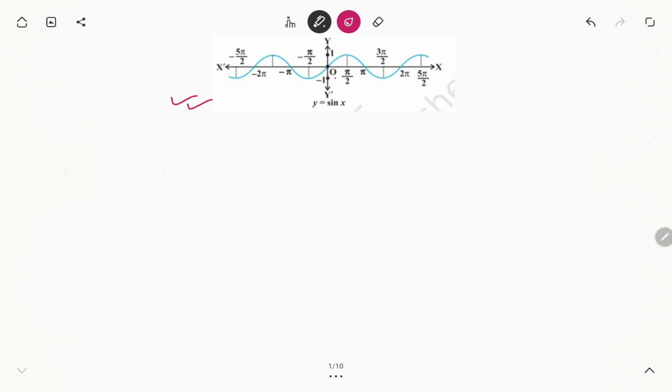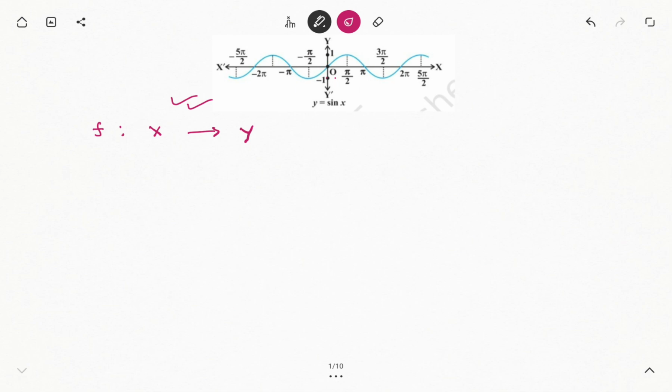Whenever we are talking about a function, there are two important things which we will have to know. First, if f is a function from x to y, when we say that the function is 1, 1, there are two methods to check whether the function is 1, 1 or not.